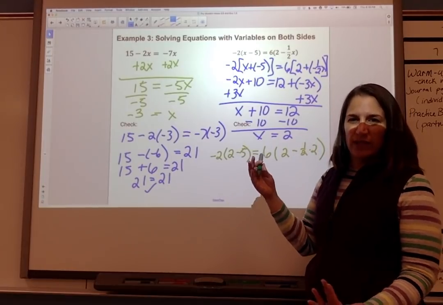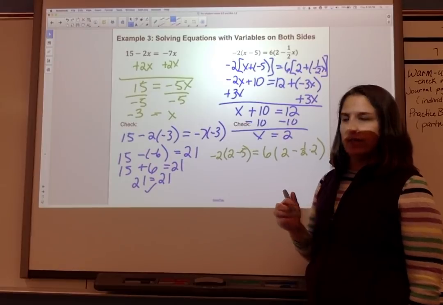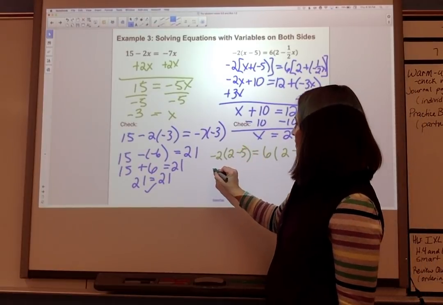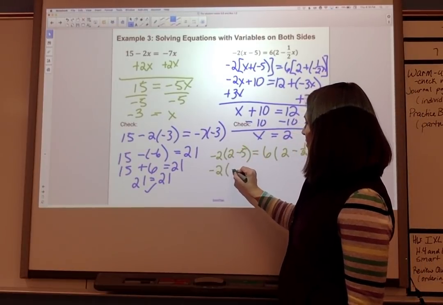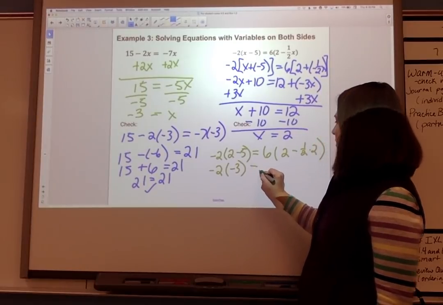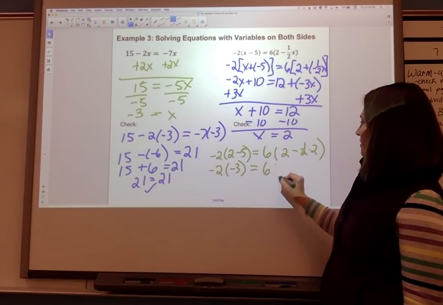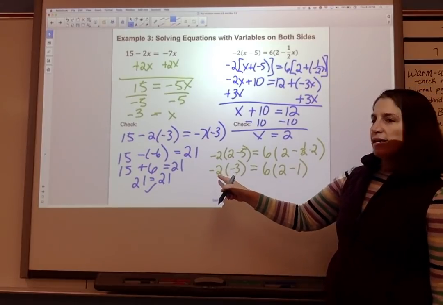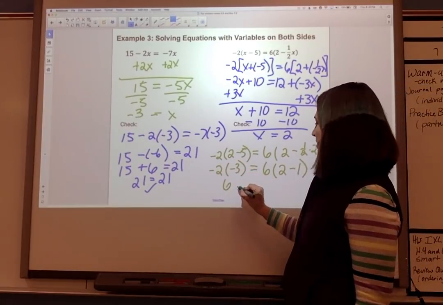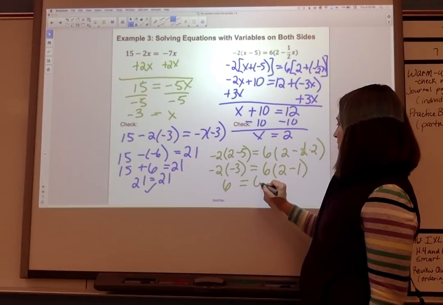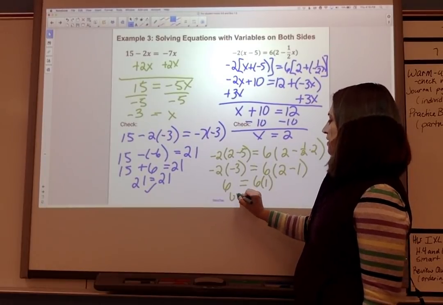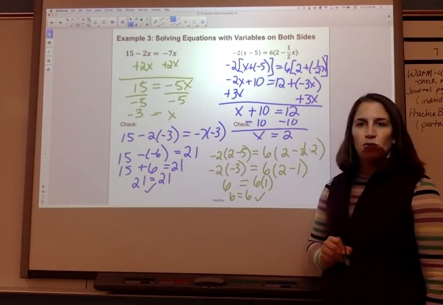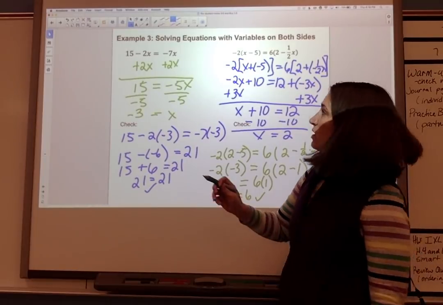We could distribute, but since we're working with just numbers now instead of variables, we might as well simplify. So negative 2 times negative 3 equals 6 times 2 minus 1. Negative 2 times negative 3 is positive 6, and that equals 6 times 1. So yeah, 6 equals 6. We've got it.